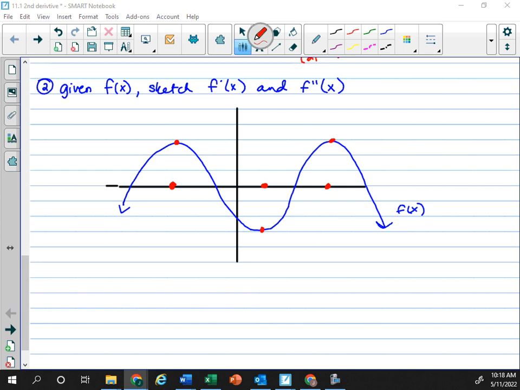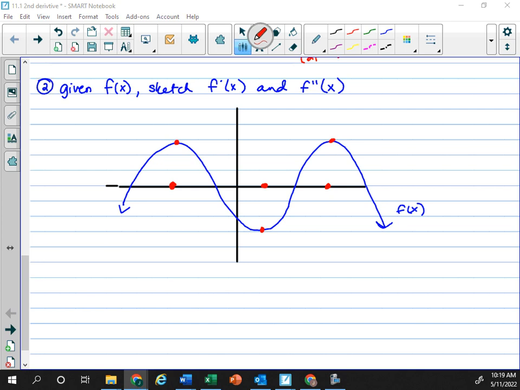Are we ready, guys, or do we need a minute? You're okay. All right. Is everybody okay with why these 3 red dots are on the x-axis?